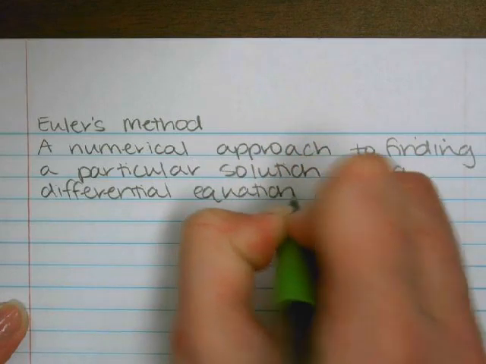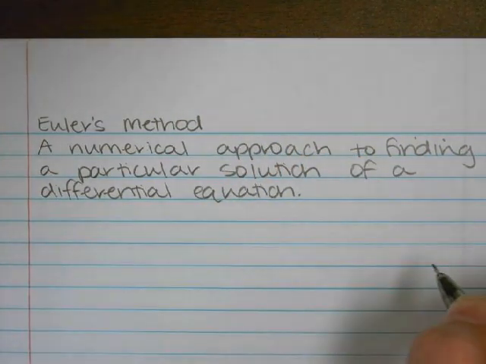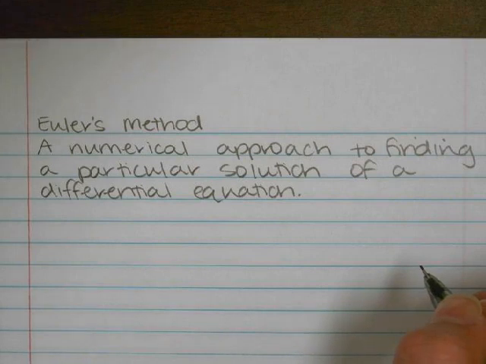So yesterday we were looking at slope fields, and those were a graphical approach that showed all of the solutions for a differential equation. And then once we were looking at those slope fields, we could pick an initial value and trace it, and that would have been one particular solution.